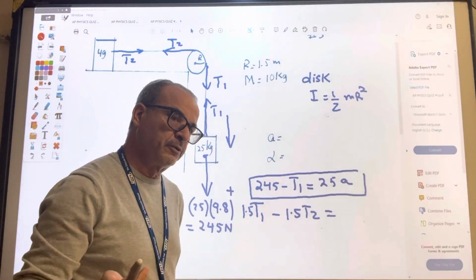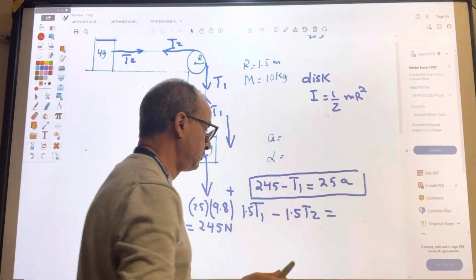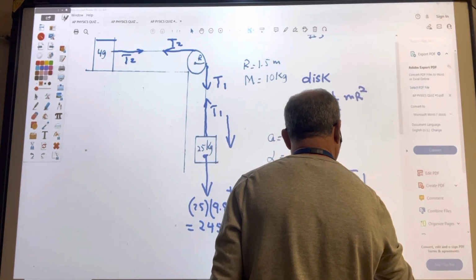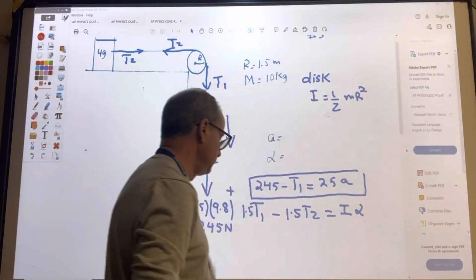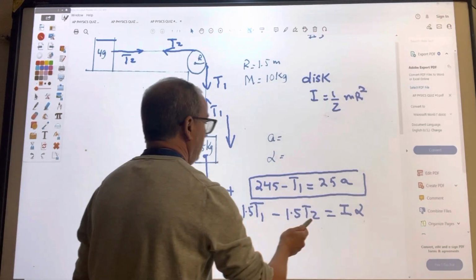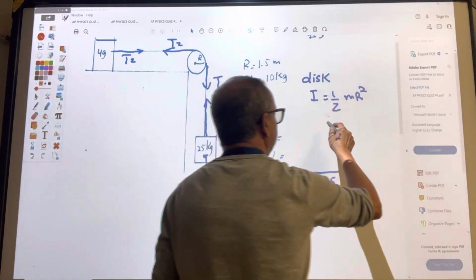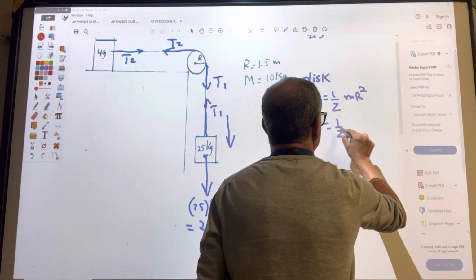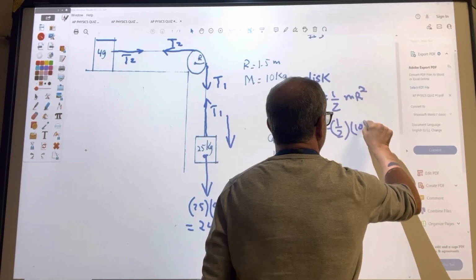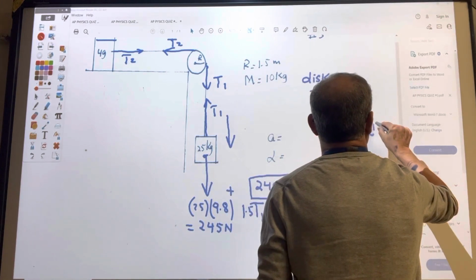It's not in equilibrium, so we don't set it equal to 0. Now we calculate I, which is 1/2 times m, which is 10, times r squared, 1.5 squared.